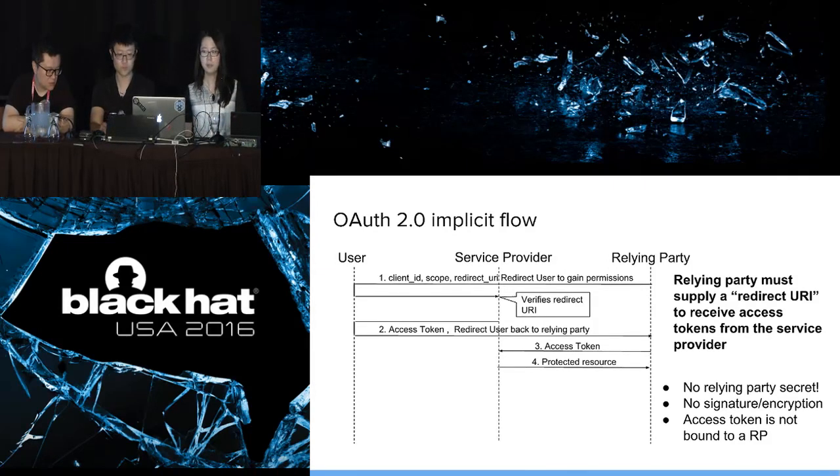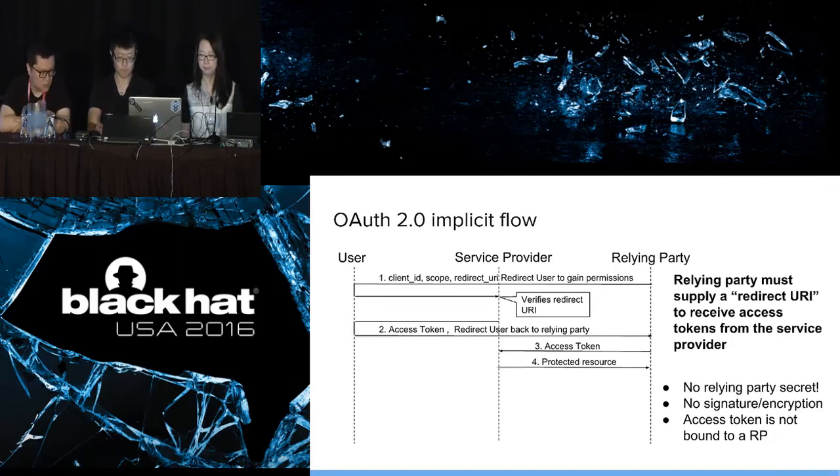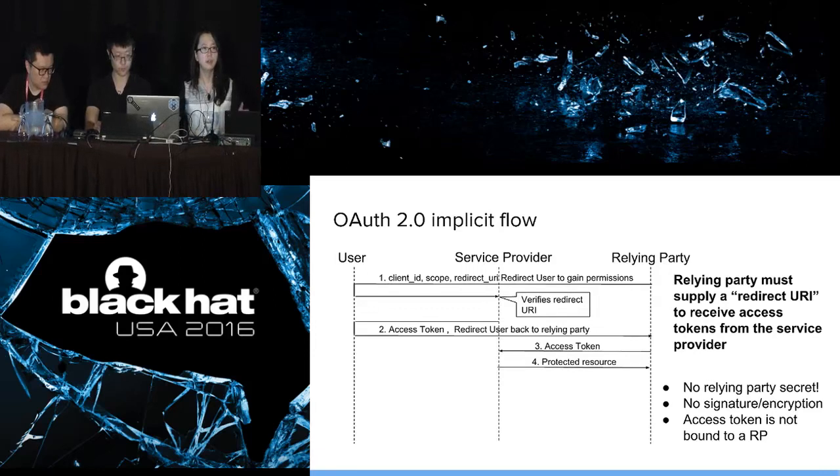Third, implicit flow introduced the concept of a bearer token, which means the access token is not bound to a relying party. That is to say, anyone who gets the access token will be able to access users' information on the service provider. You can see that the access token is really important for authorization here.